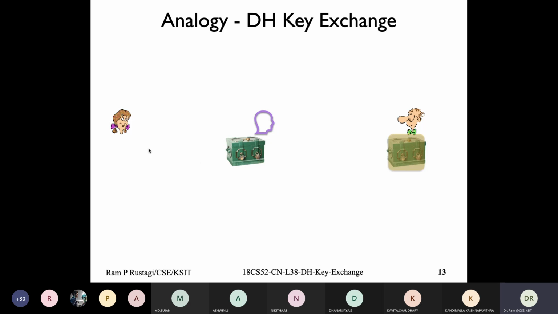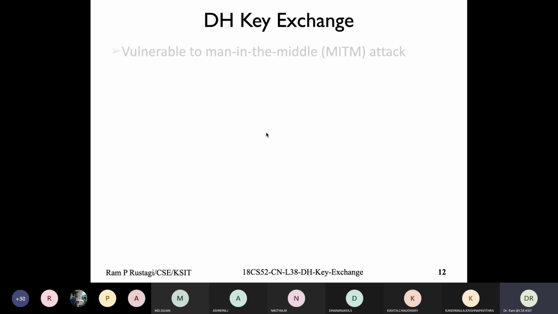So the middleman shares one secret key with Alice and another secret key with Bob. Alice thinks this is the shared secret key between her and Bob, and the same is true for Bob. So whatever Alice sends, he decrypts, re-encrypts using the shared key with Bob, and sends on. This is the problem called man in the middle.